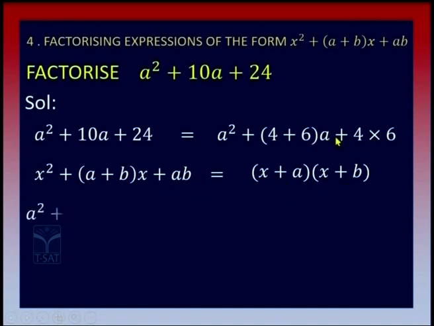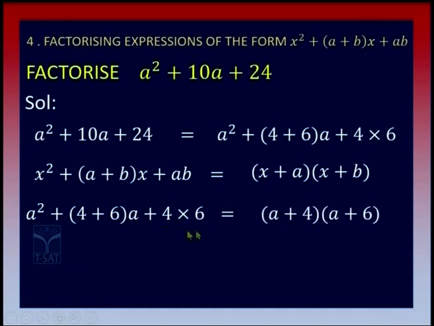So, now this question just looks like the above step, a square plus (4 plus 6) into a plus 4 into 6. So, you can write it as a plus 4 into a plus 6, isn't it? Instead of a we have 4 here, instead of b we have 6 here. Thus the given question is said to be factorized.